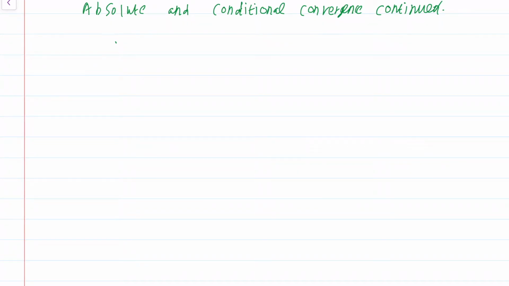Let us continue our study of absolute and conditional convergence. Definition. Let summation an be a series.